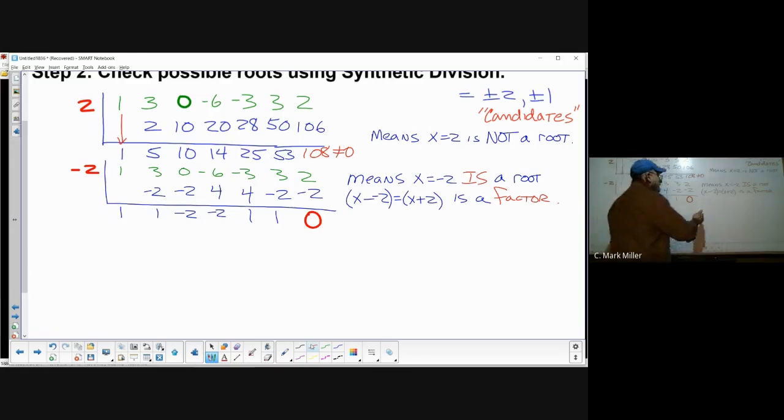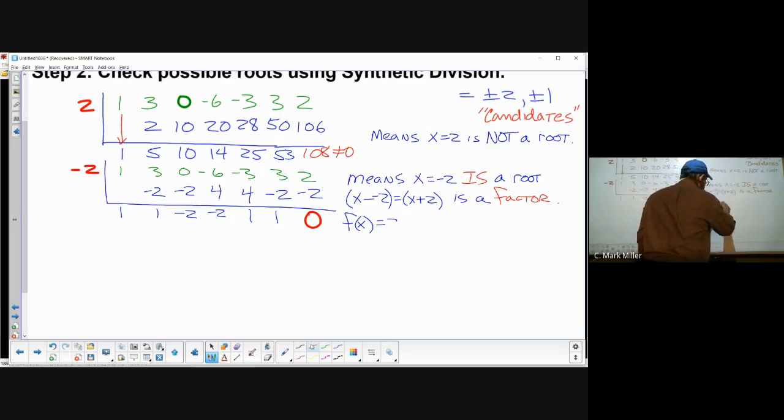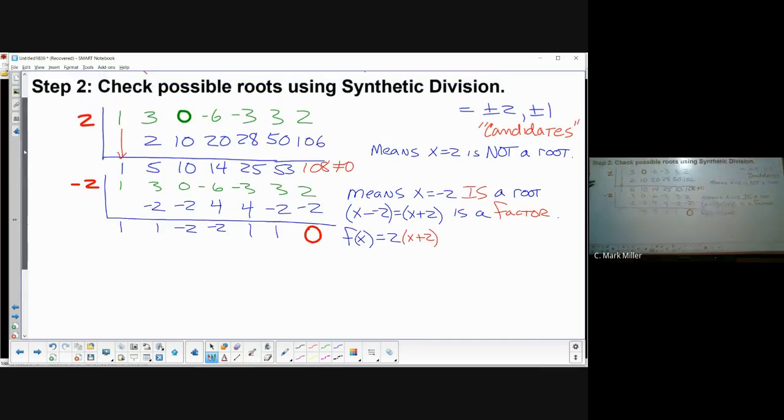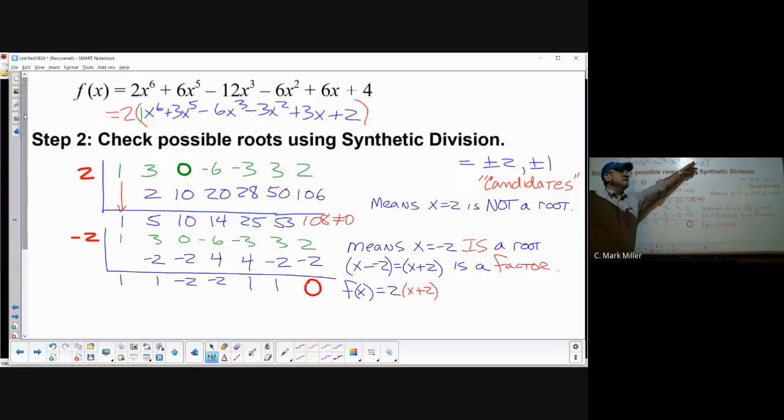This means f of x, instead of equaling what it originally equaled, now equals, you remember the 2? The 2 that we're carrying along the whole problem? Keep that 2 there. We're going to put x plus 2 as a factor. You can factor off x plus 2 from this blue thing.